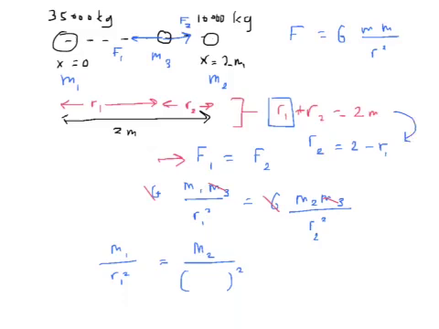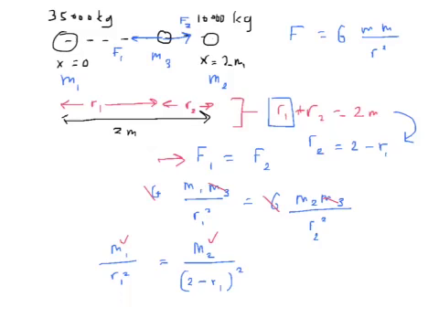So from this line to this line, if you subtract R1 from both sides, you see that R2 is equal to 2 minus R1. And so if I plug in 2 minus R1 right here, now I know the mass M1, I know the mass M2, and I can solve for R1, which is the only remaining unknown in this equation.